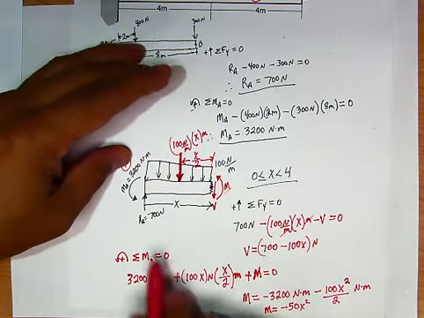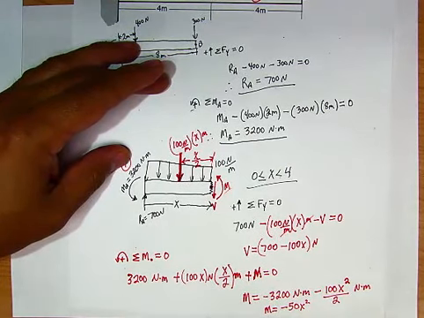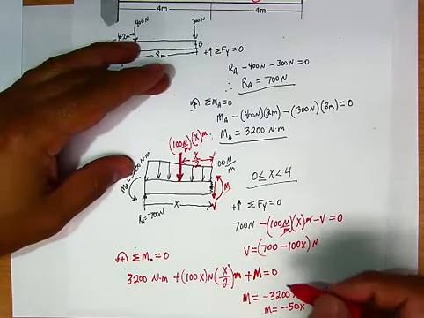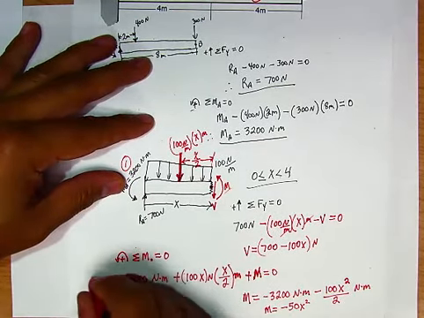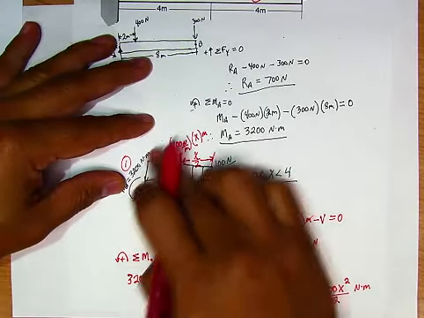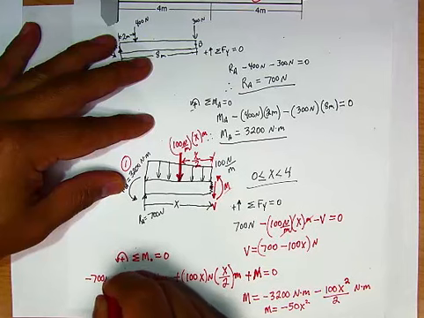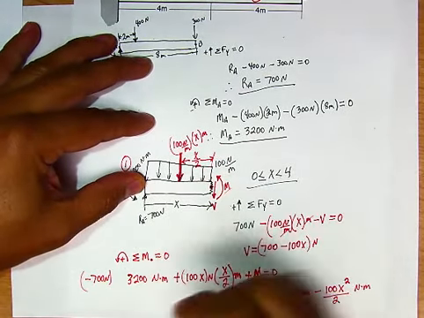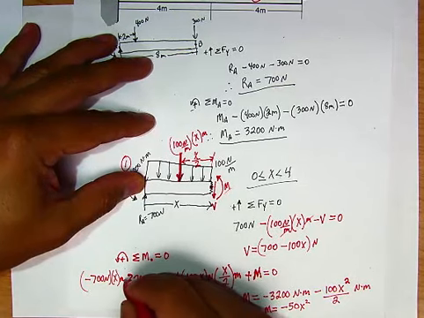Oh my goodness, I can't believe I forgot. We need to do the 700. That 700 is also producing a moment. Wow, it's a good thing I caught it, right? So 700, it's producing a clockwise rotation, therefore it is negative 700 newtons, and it is a distance of x from here, times x meters.